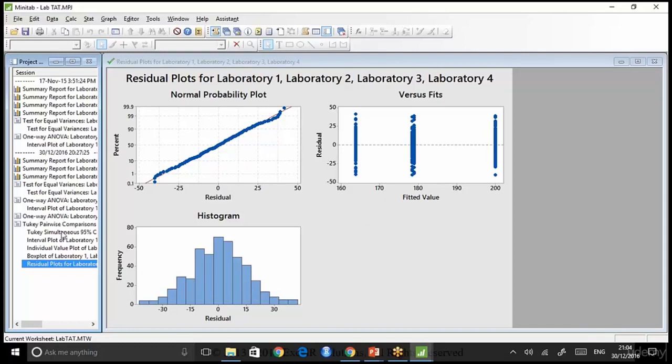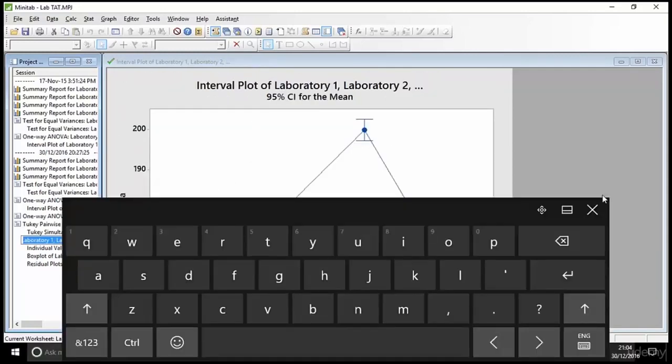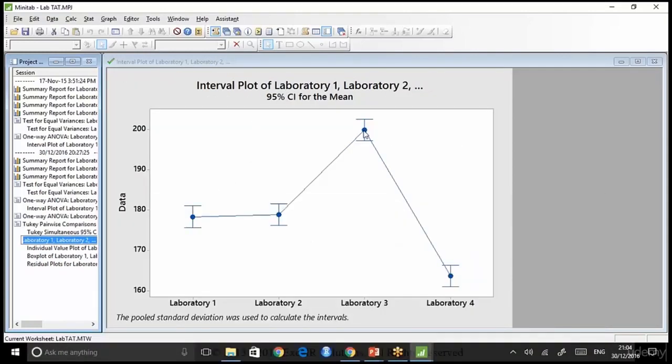Now we can go back and look at the interval plot and other plots. If you look at the interval plot, let me hover my mouse there for lab 3. That's the average.